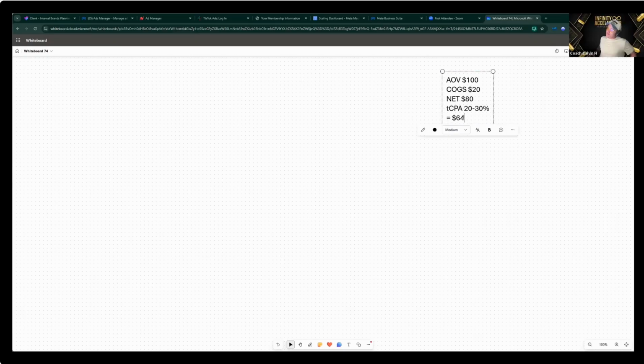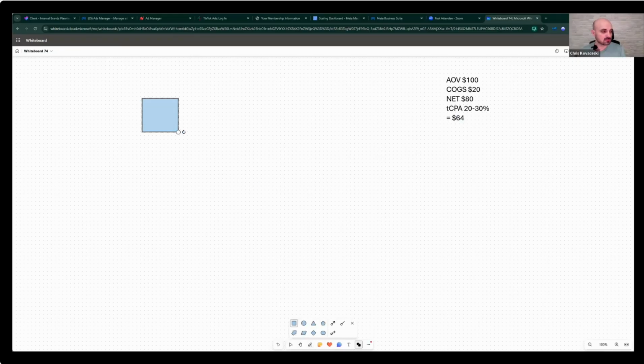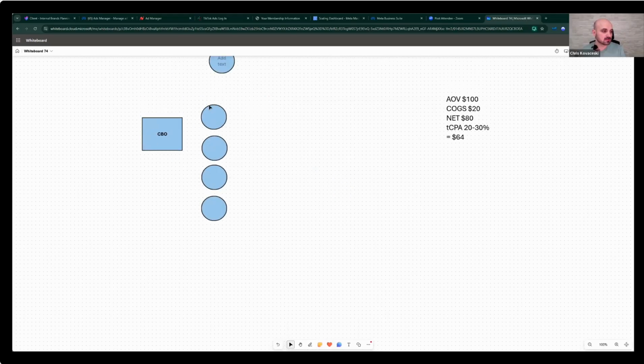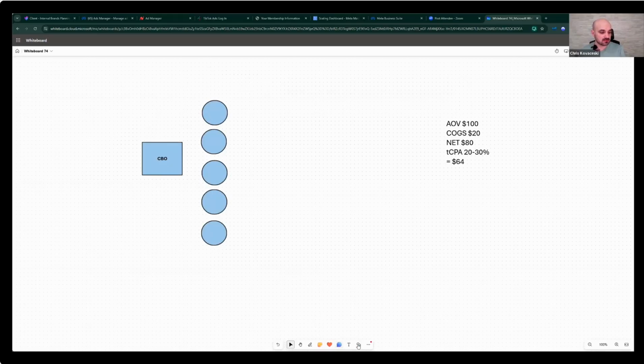So ideally, you want to run CBO, and you can test like 5 different angles. So these are the different angles. And then each of these has like many, many ads for that particular angle.